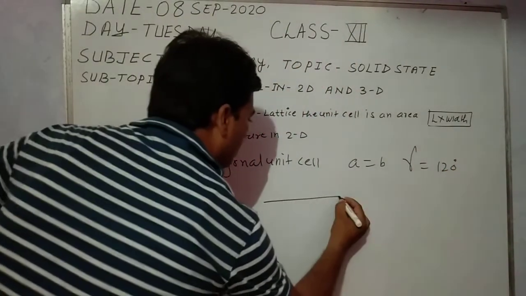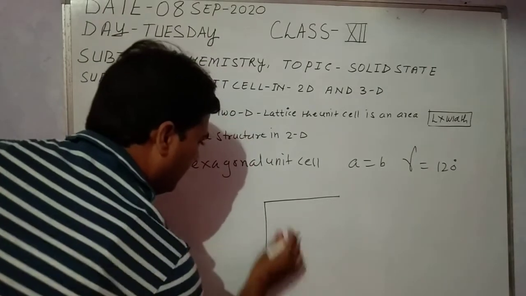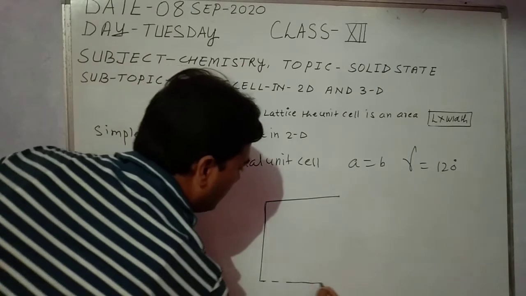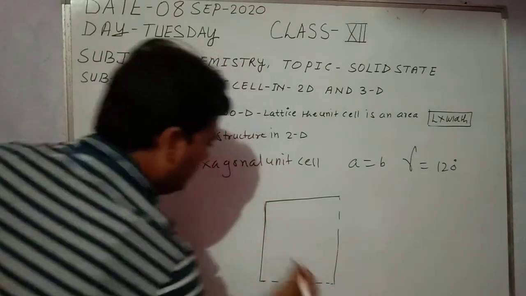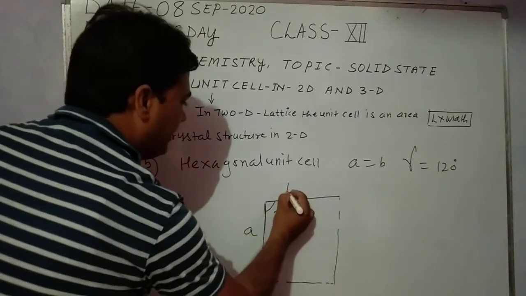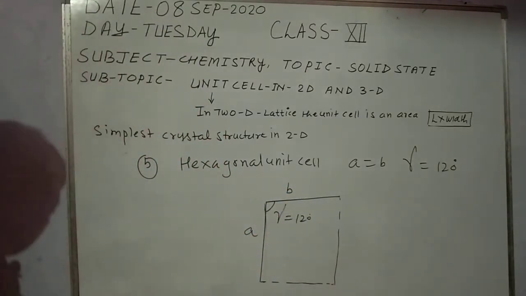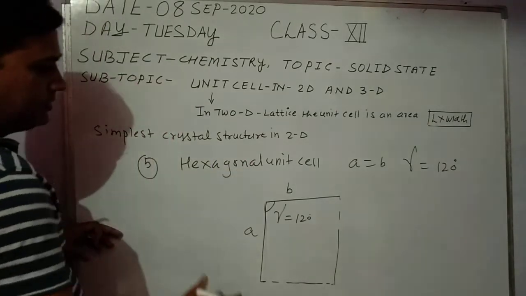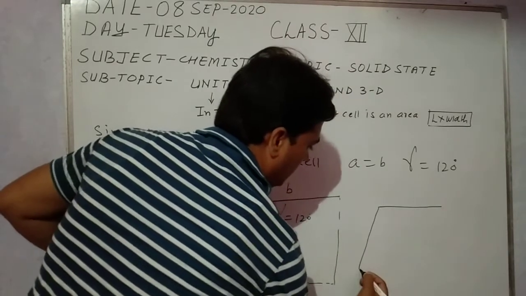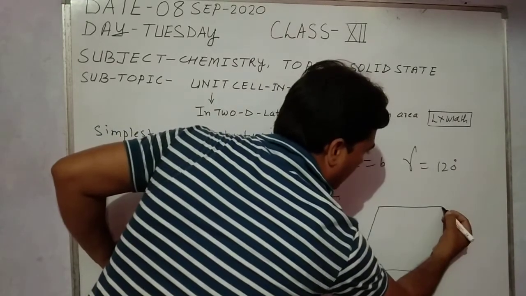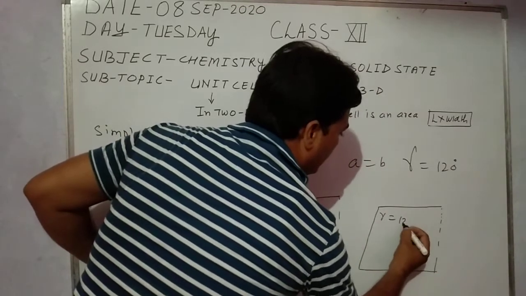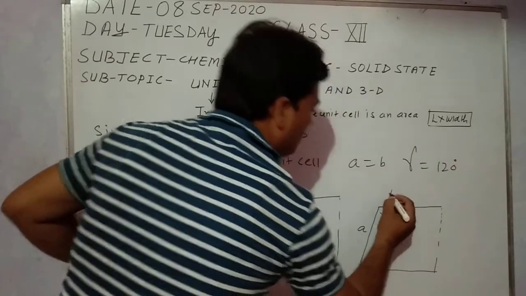So this is B and this is A. So the angle gamma is equal to 120 degree, A is equal to B. So in hexagonal unit cell, gamma is equal to 120 degree and A is equal to B.